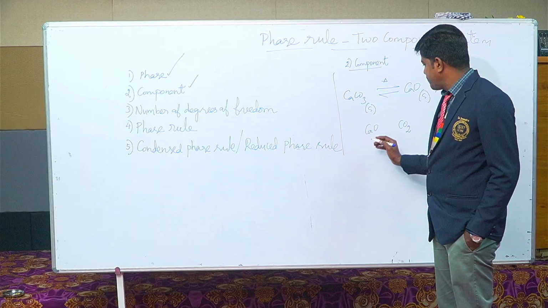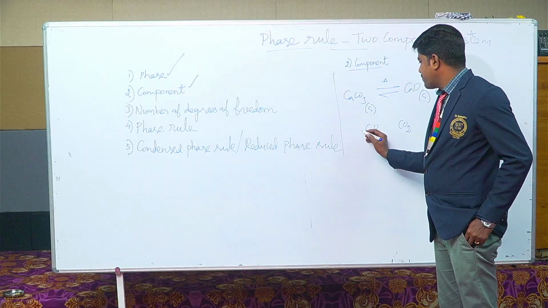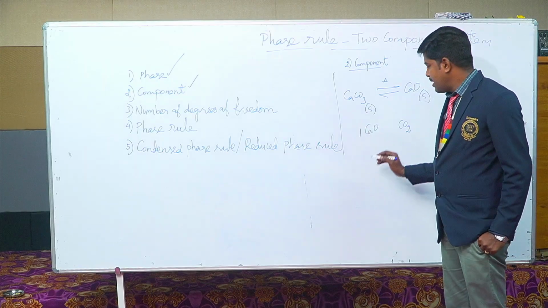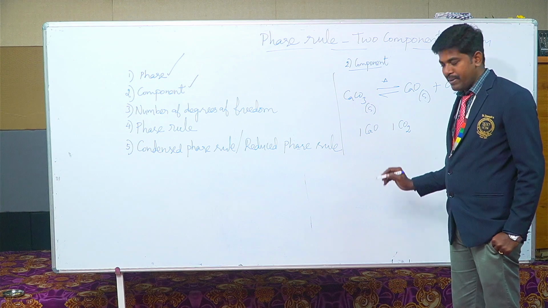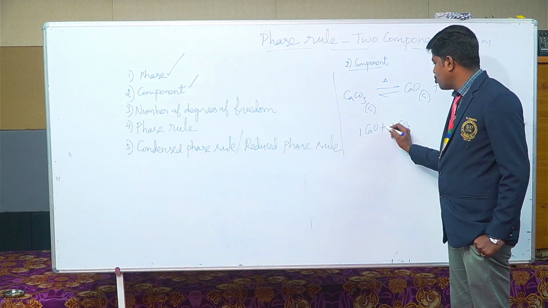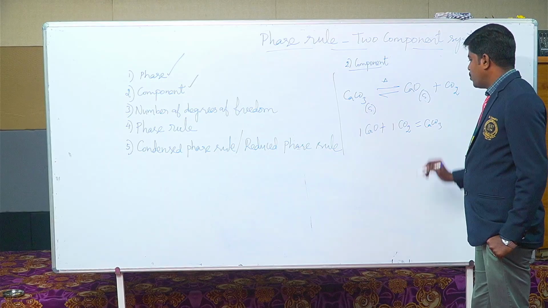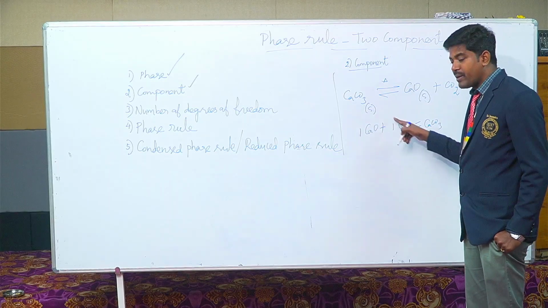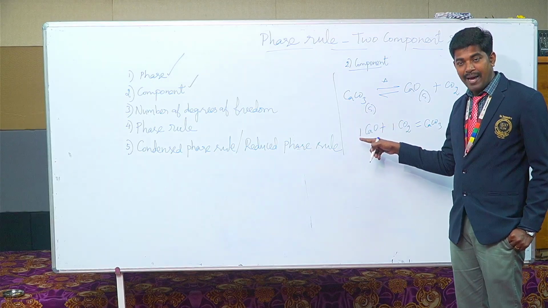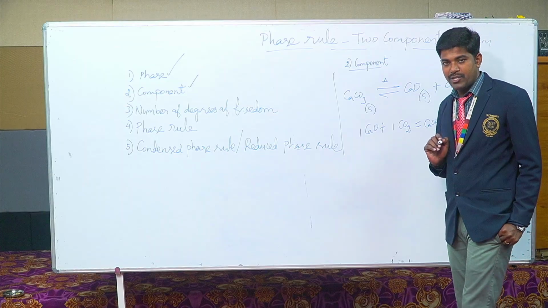Let us consider 1 calcium oxide and 1 carbon dioxide. By combining these two, we can get calcium carbonate, so using these constituents we can explain calcium carbonate.